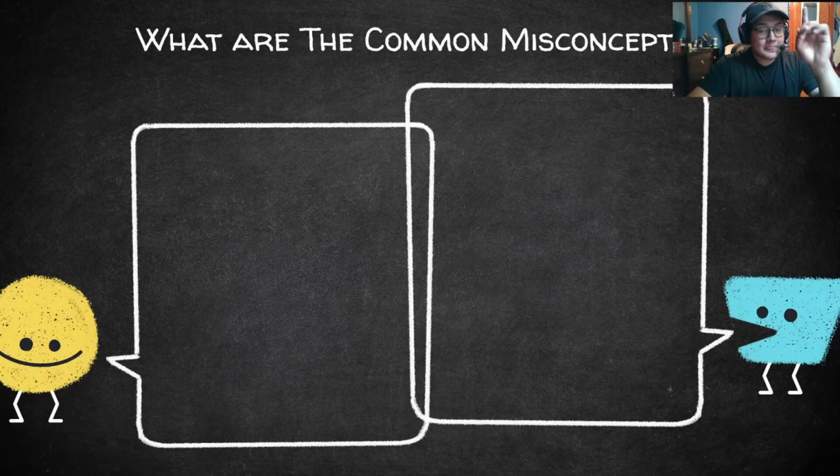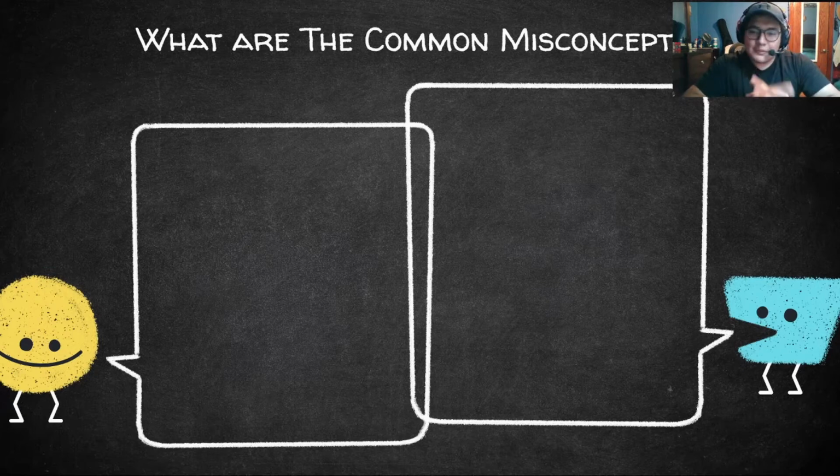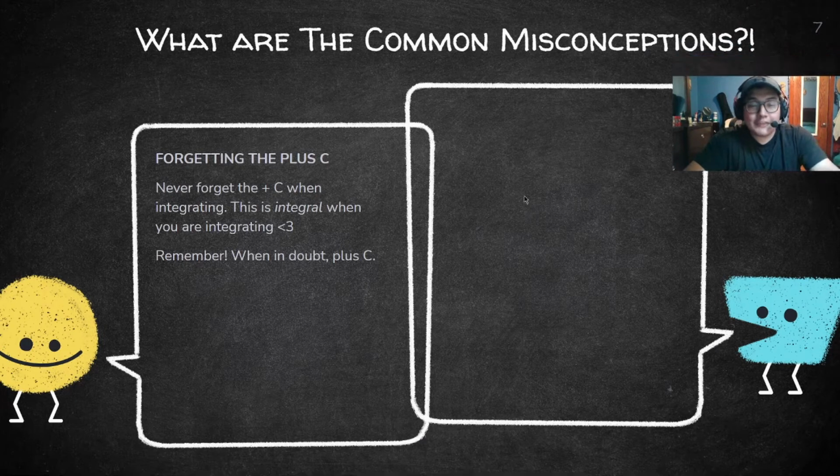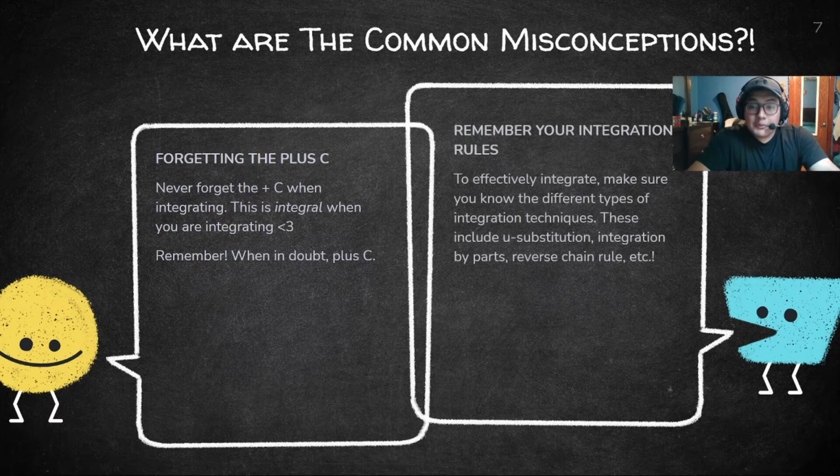Remember that. So what are some common misconceptions about this? Well, forgetting the plus c, of course. Remember, we're integrating here, right? Never forget the plus c. Anyways, remember, when in doubt, plus c. Remember your integration rules.